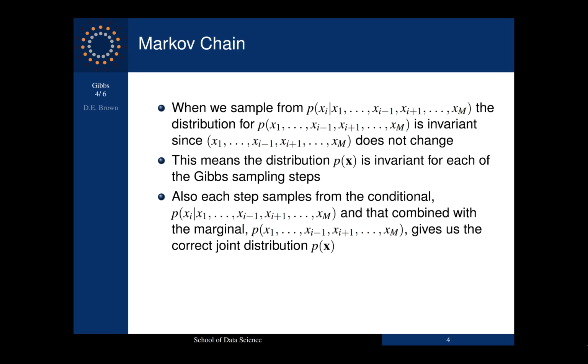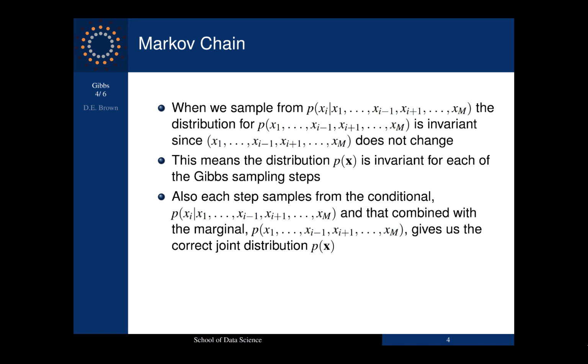the conditional distribution of the one component of that random vector that's been pulled out, with everyone else left. And that, combined with this marginal of the joint being invariant, gives us the correct joint distribution for P of x.